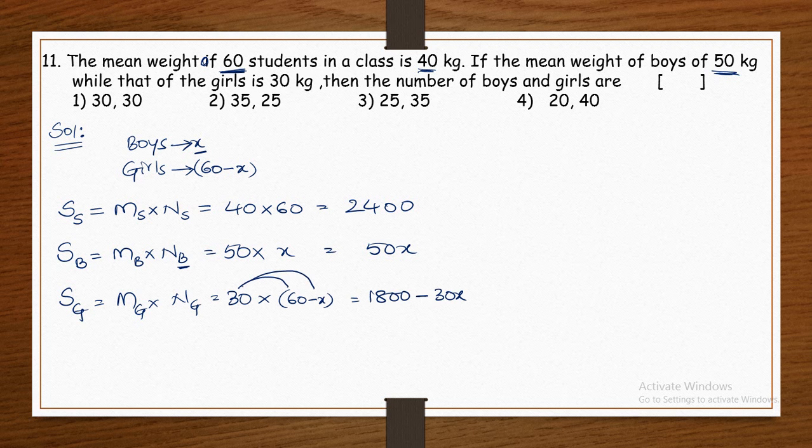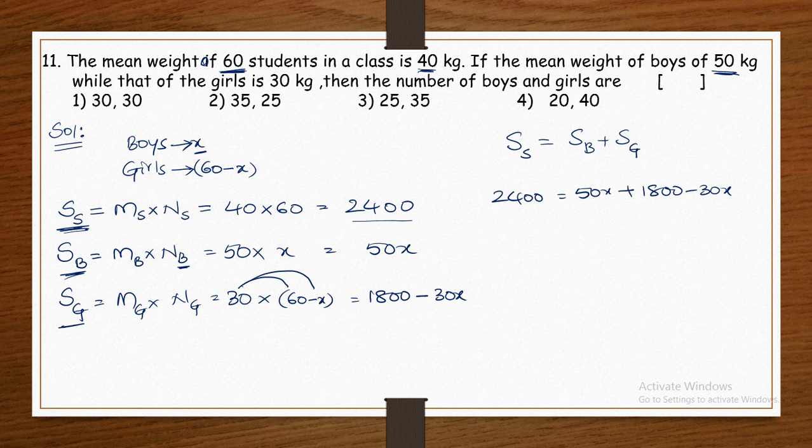Now observe the sum of weights of the students. Sum of weights of students means sum of weights of boys and sum of weights of girls only, no? So sum of students is equal to sum of boys plus sum of girls. Then directly from this I can say, 2400 is equal to 50x plus 1800 minus 30x.